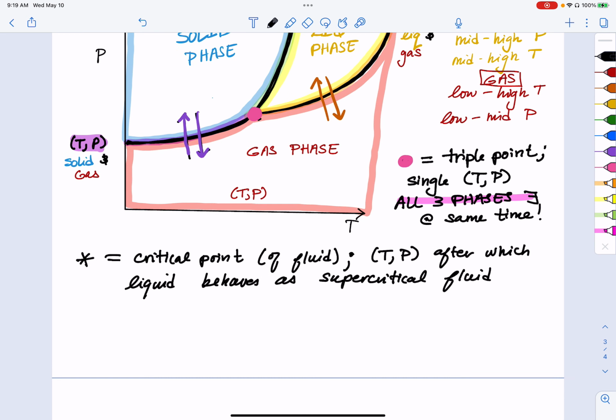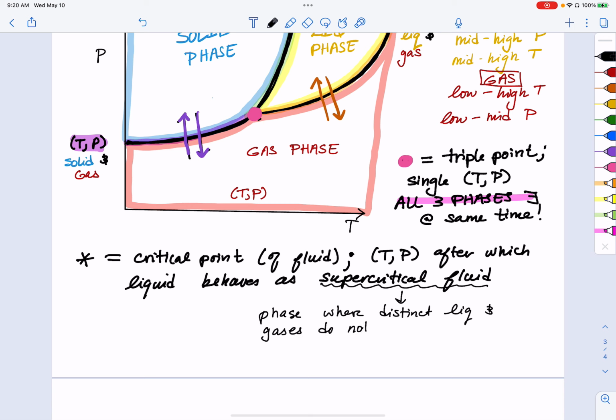So supercritical fluids, they're kind of interesting. So let's devote a little bit of time to them. So supercritical fluid, these have interesting properties in that this is a phase where distinct liquid and gases do not exist.